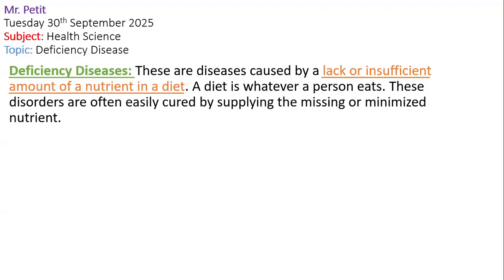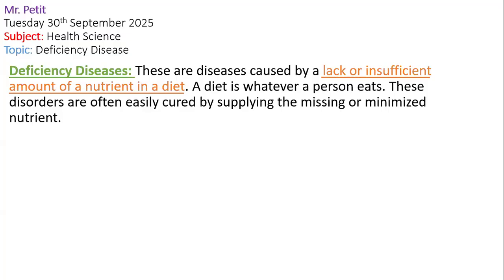Now, can someone tell me the difference between hereditary and deficiency disease? What's the difference between those two? Go ahead, Kanan. Hereditary diseases are diseases that are passed down and are caused by a lack or excess of chromosomes.